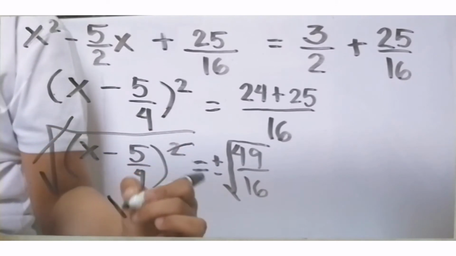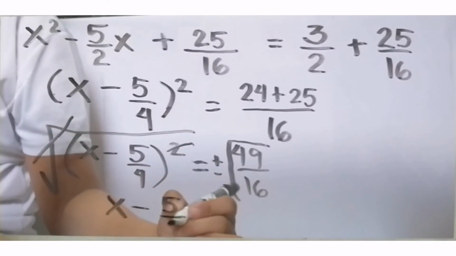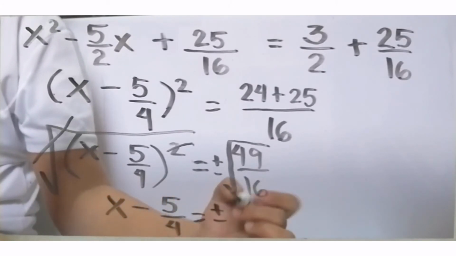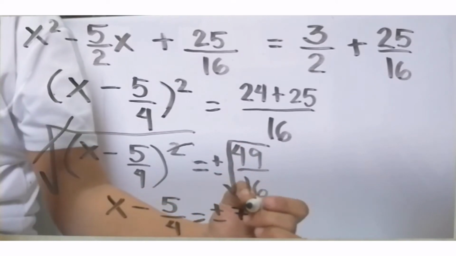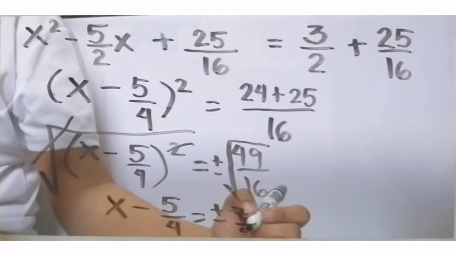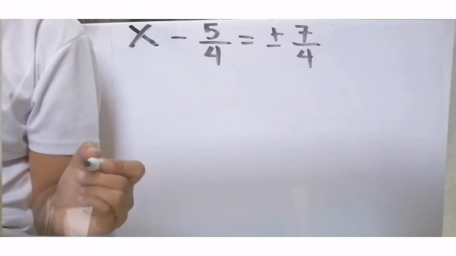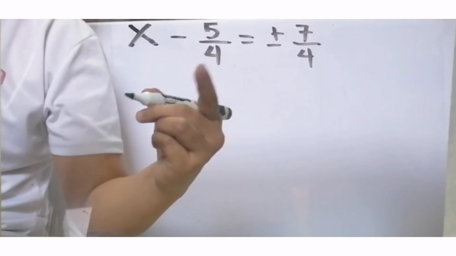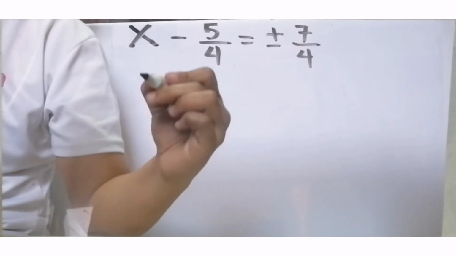So, ang maiwan dito sa kabila ay x minus 5 over 4 equals plus minus, anong square root ng ating 49? So, we have 7. Square root ng ating 16, we have 4. So, nasa final solution na tayo. X minus 5 over 4 equals plus minus 7 over 4.